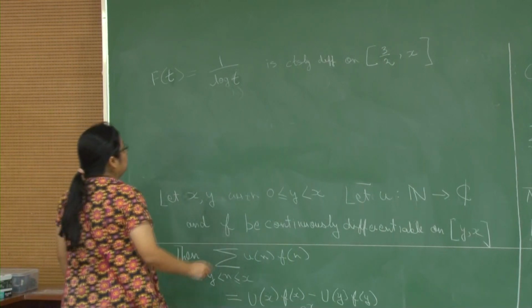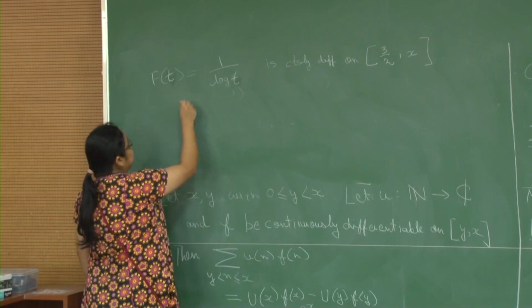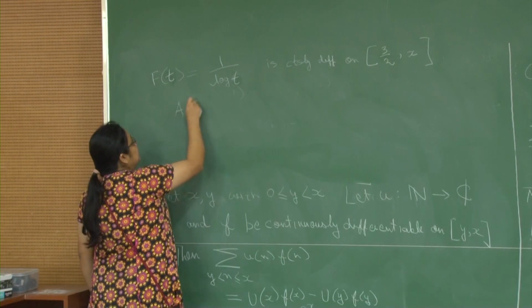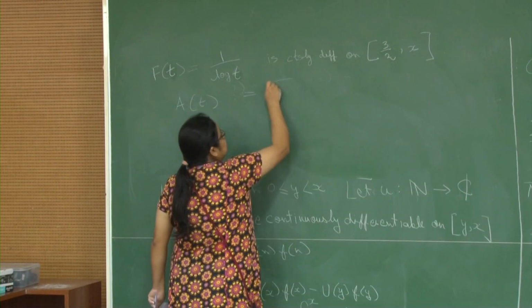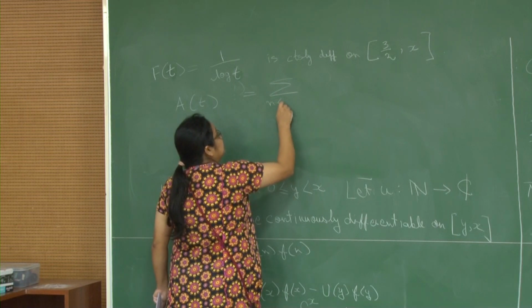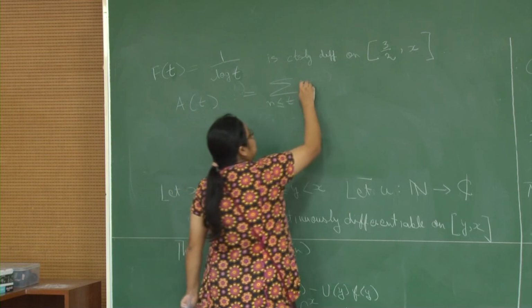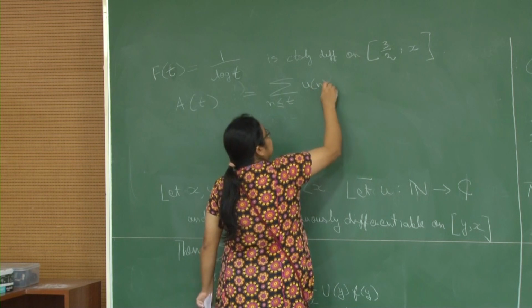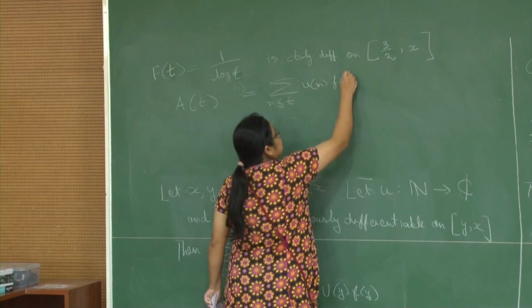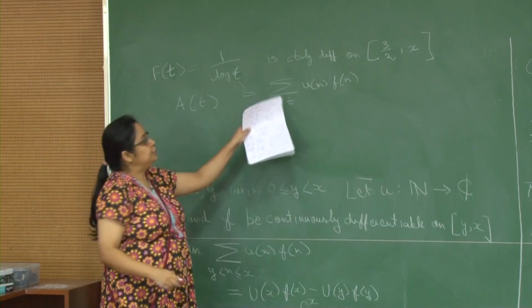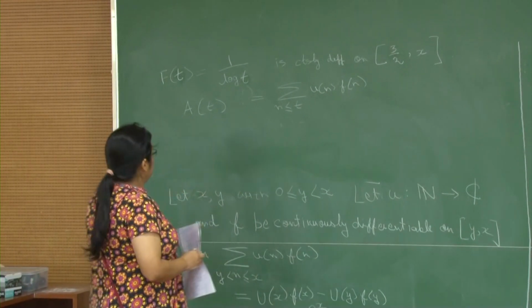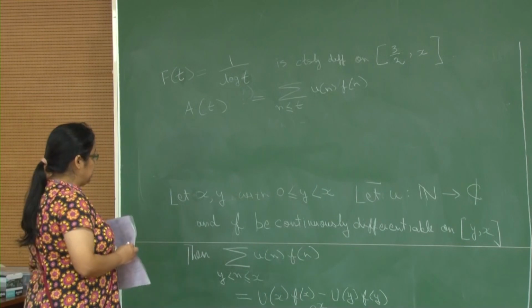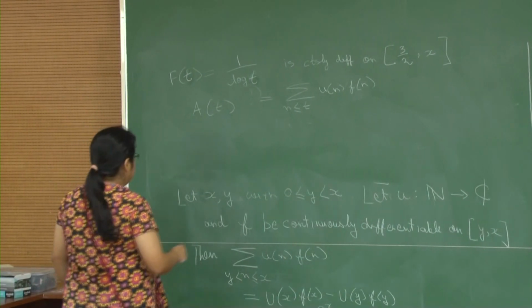And then the arithmetic sequence you take, let us call this capital A of t, is defined as the summation over n less than or equal to t of u of n times f of n. Instead of just taking the arithmetic sequence u of n, you are taking the product u of n times f of n. So, what do you get by applying the partial summation formula to this?